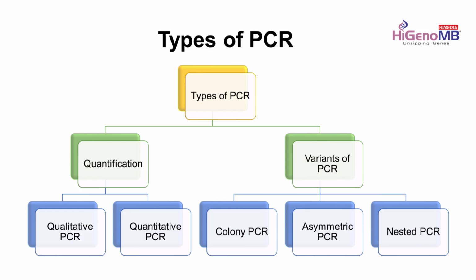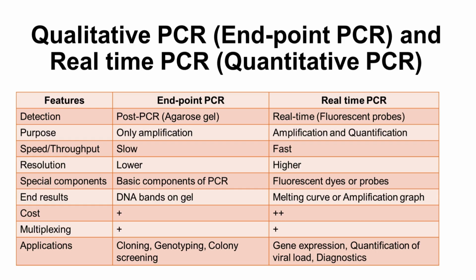So we saw a classification of PCR based on quantification, which is called endpoint PCR or quantitative PCR. We will see what the differences between these two are and where they can be used. The main difference is based on their detection.